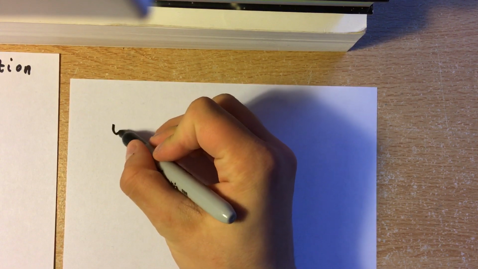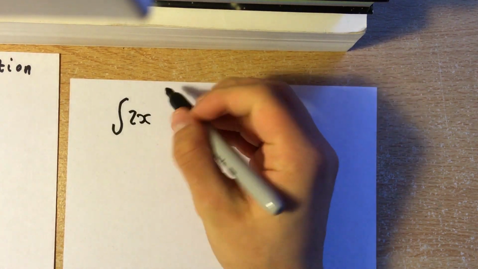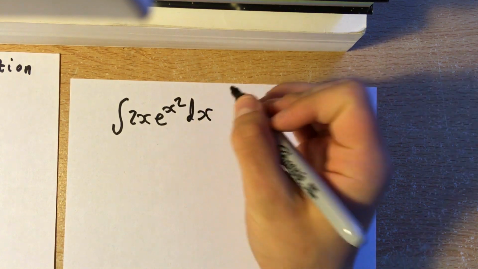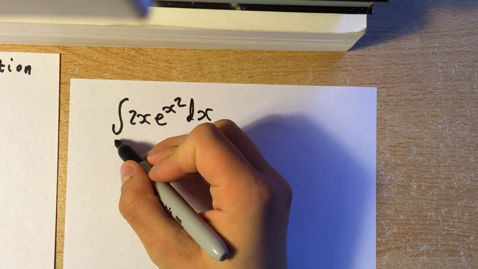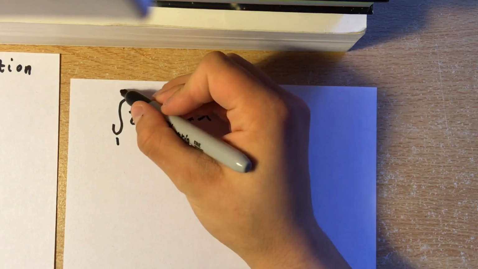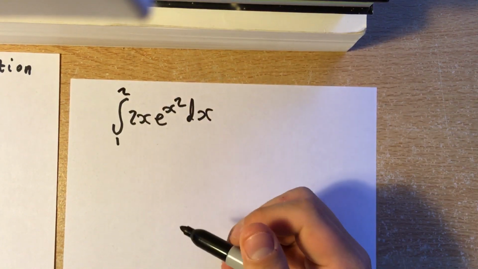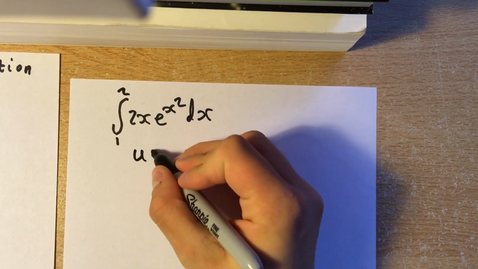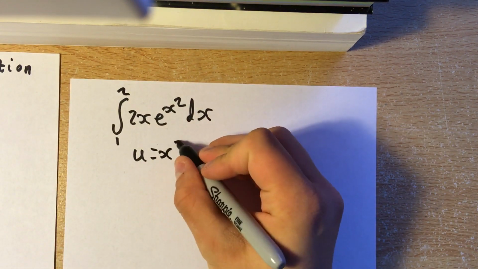So let's suppose we have the same integral, 2x times e to the power of x squared dx, but now we have limits, so let's make them the lower limit 1 and the upper limit 2. So first of all, we go about solving it the same way. So we pick our u value, which was x squared.